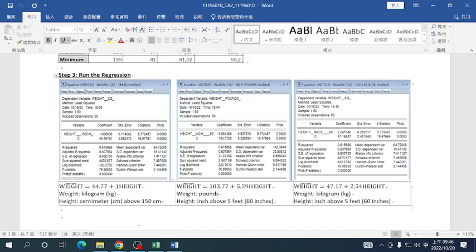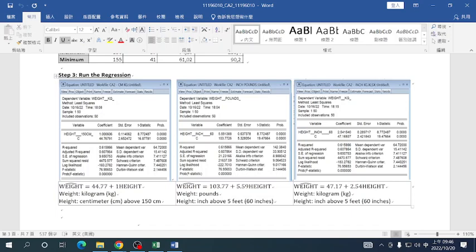I need to multiply every one of the coefficients. So how about this one? This one is 47 something. Would you please do it for me? Times 2.2, this one will be equal to this one. So the constant term as well.